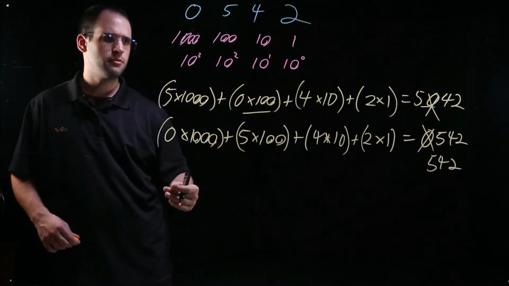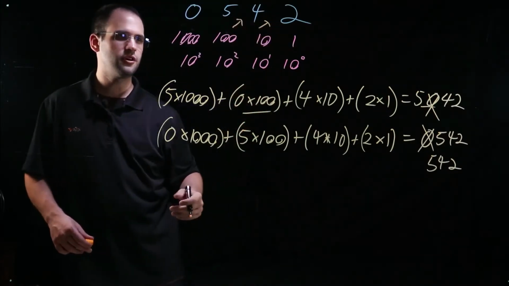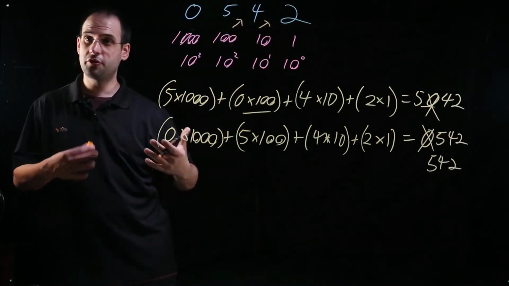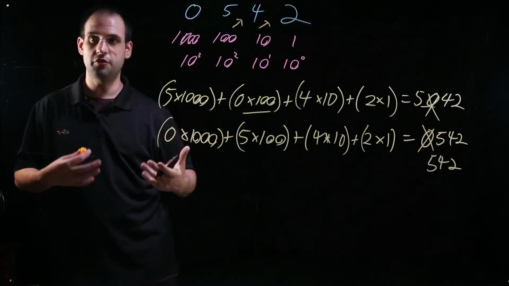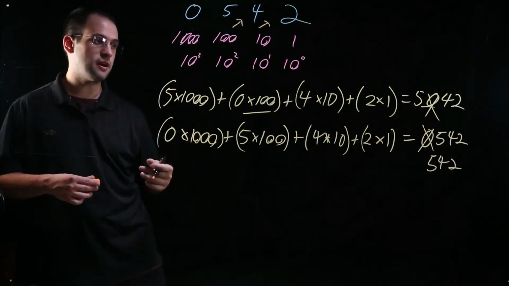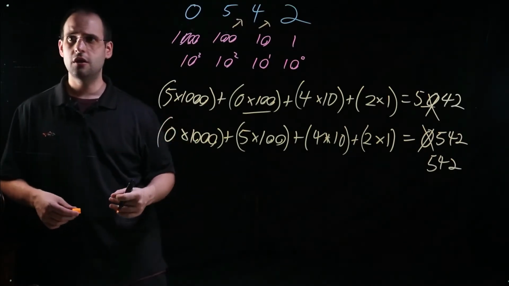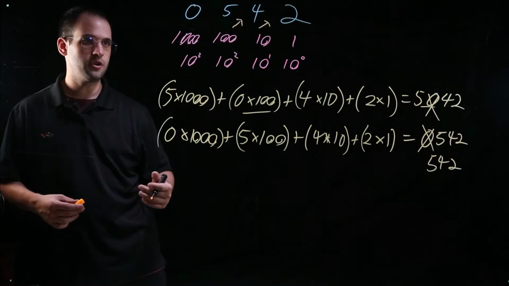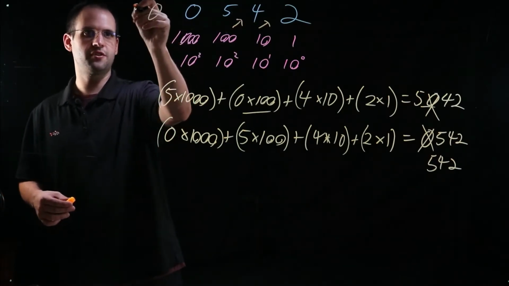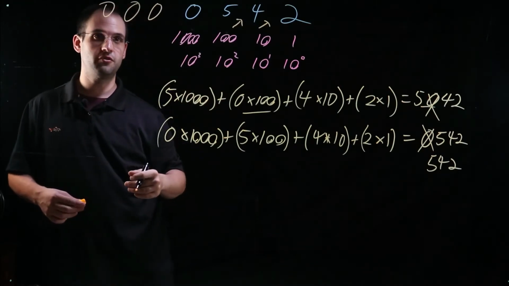Unless we have a leading 0, that leading 0 is not going to significantly affect the rest of our number. But if we have any zeros in between our numbers anywhere, removing those zeros would negatively affect the value of the number. So you do have to be mindful of the position of the 0, but if the 0 is leading the entire number, we could drop it. If we had some zeros out here, this number is still 542.